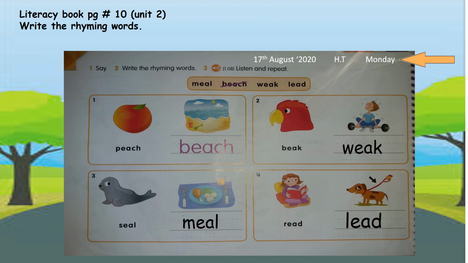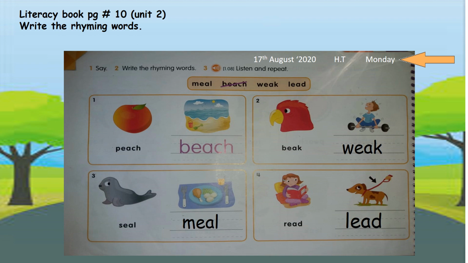Why? Because he is weak. W-E-A-K, weak. Four lines are given. You have to write the spelling of weak. Now look at number 3.